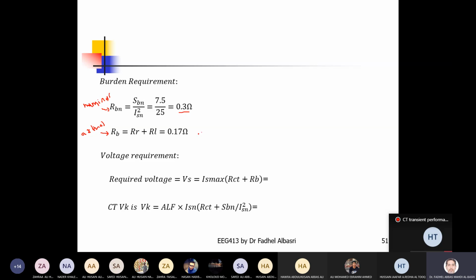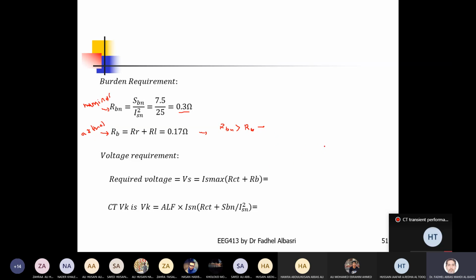Why? Because the actual burden is smaller, because R burden nominal is greater than R burden actual, so it's okay.